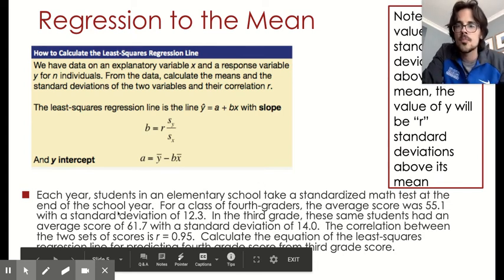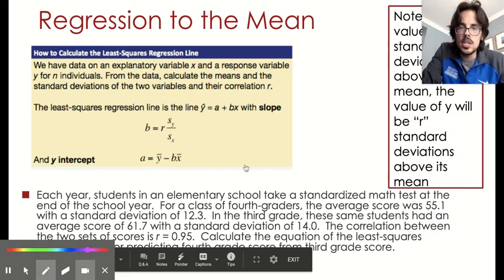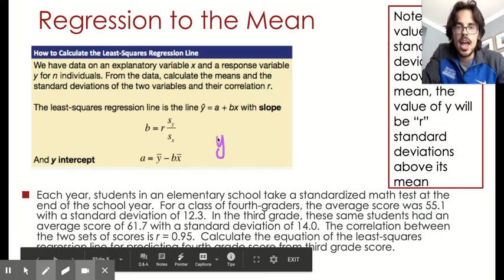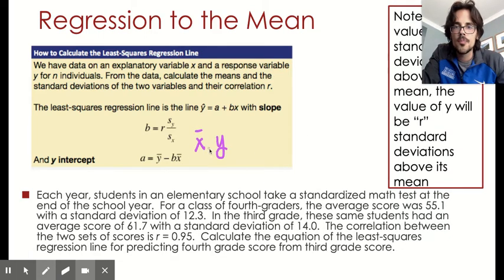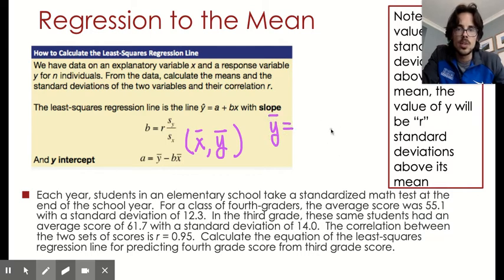So we already established a couple of videos back that x bar comma y bar is on the least squares regression line. I showed you that in an example. So that means if I were to plug into a linear equation, a plus bx, I can plug in x bar and y bar for regular x and regular y.